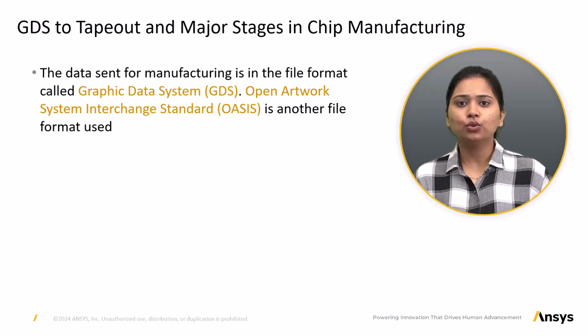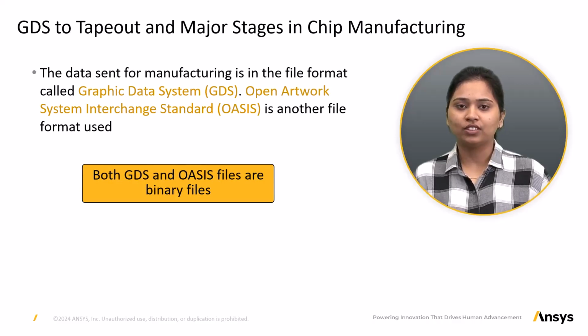This file is used to create the photomask during chip manufacturing. We will discuss more about photomasks in the upcoming slides about chip manufacturing processes. The final design data can also be sent in another file format, OASIS, that is Open Artwork System Interchange Standard. Both GDS and OASIS files are binary files.